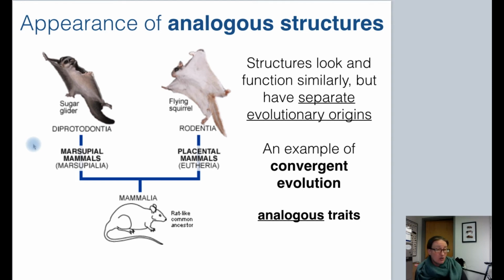So an analogous structure has superficial similarities, but is the result of separate evolutionary processes. And it's actually kind of cool to discover situations where living organisms have independently come up with similar solutions to different types of challenges in their environment.